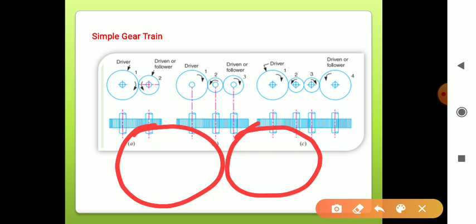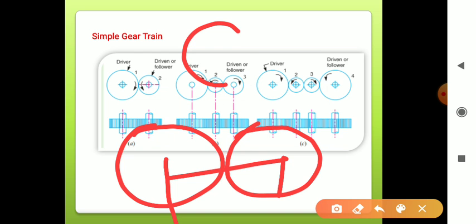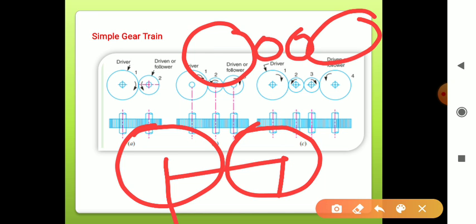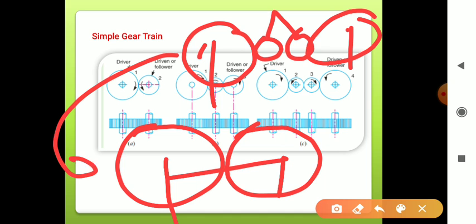To eliminate that, we can use two simple gears, likewise, to transfer the motion from this shaft to this shaft. We use these two idler gears, and the gears will be smaller, so the structure will not be as heavy as the previous one. Because of that, we use gear trains.